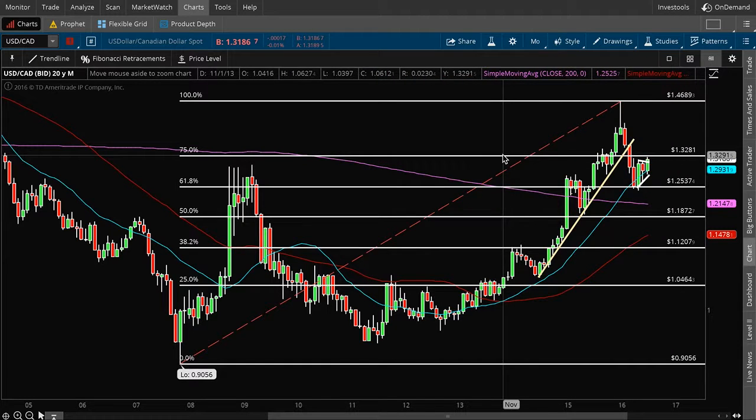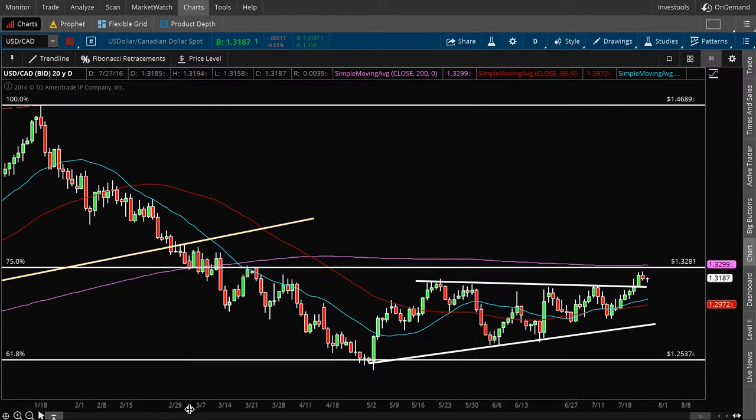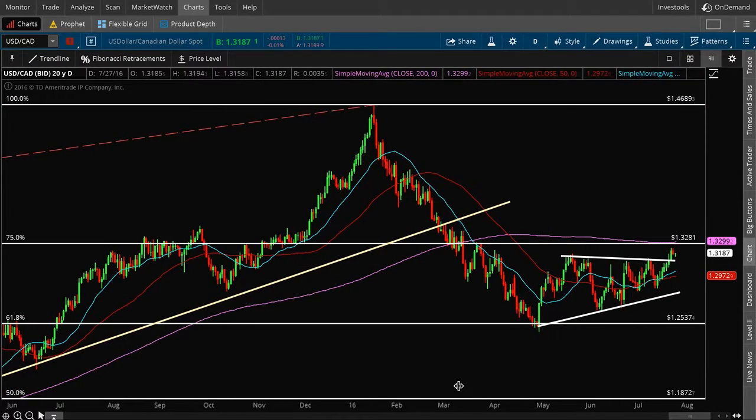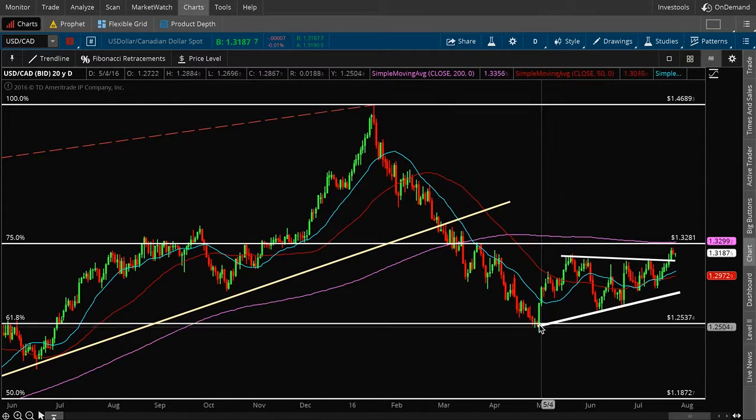And you could see here, which is a 618 retrace. Now let's look at a daily time frame, just a better view. There's that 618 level right there that we looked at on the monthly chart. Really nice bounce off of that.